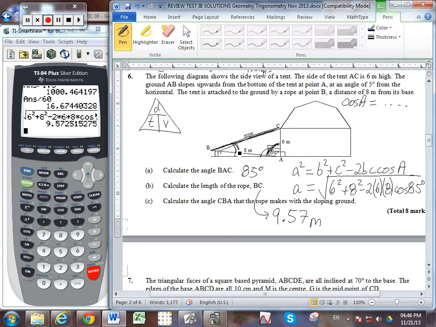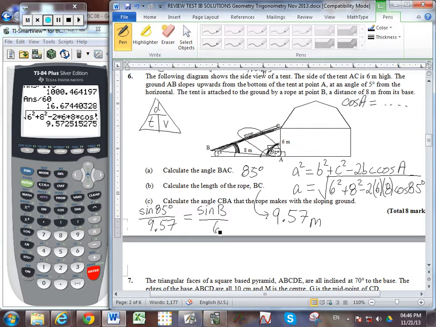Well, now that we know what the length of the rope is, we now do have an opposite pair with the 85 degrees. So let's set up the sine law then. So the sine of 85 degrees over its opposite partner, which we've just figured out is 9.57, is equal to the sine of the angle I'm trying to find, let's call it angle B, divided by its opposite side.